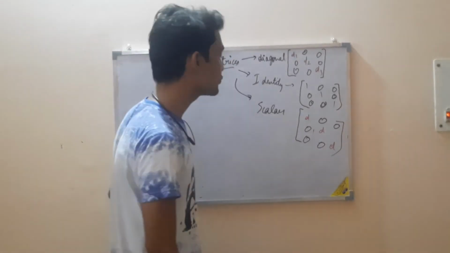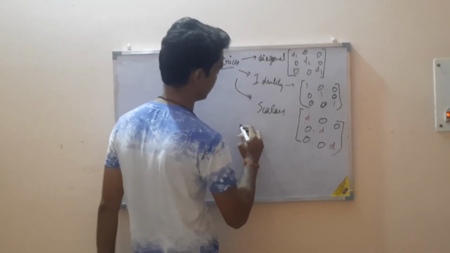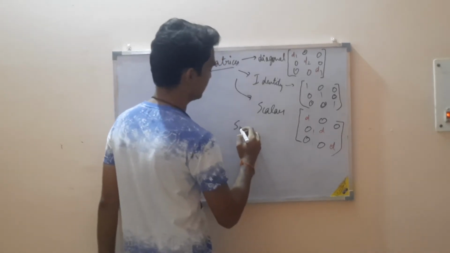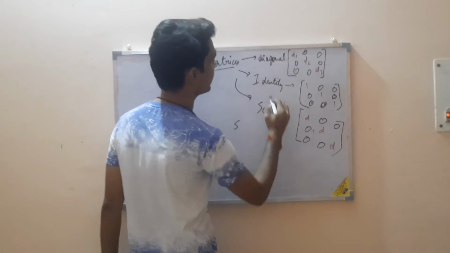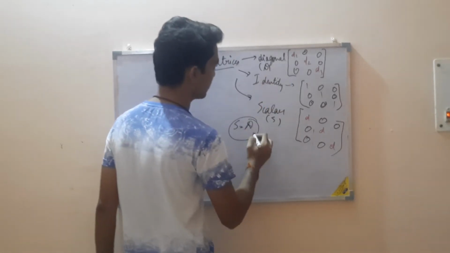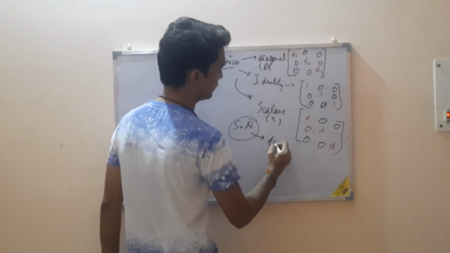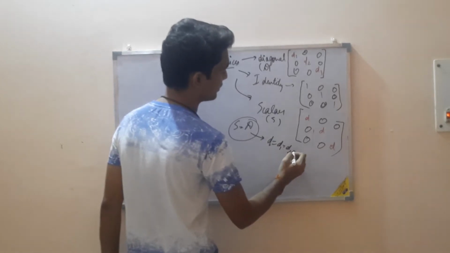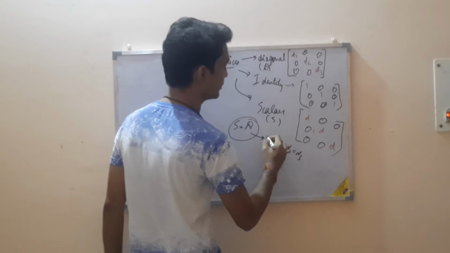Writing it in short, S is equal to D only if d is equal to d1 is equal to d2 is equal to d3.